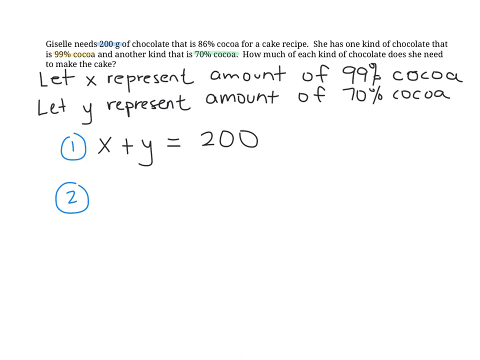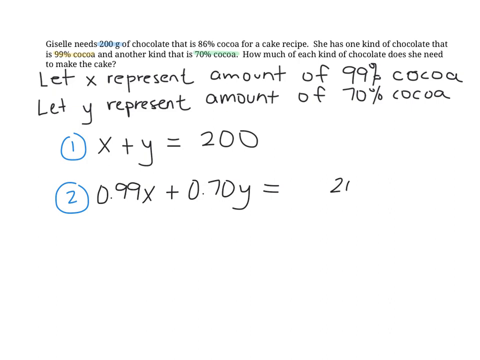So in equation number 2, I'm going to say 0.99 multiplied by X plus the 70% cocoa, which could be written as 0.70 multiplied by Y. Together, that has to give me 86% cocoa, and the total weight of chocolate that we're going to be using is that 200 grams.